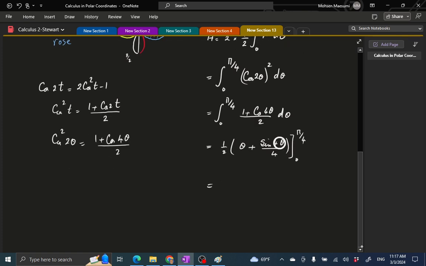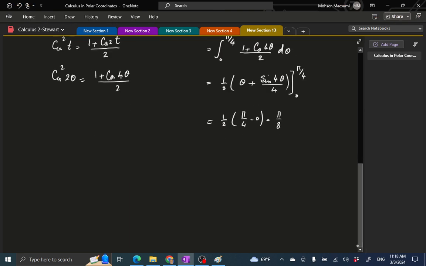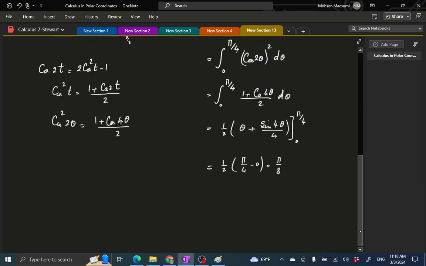Now at 0, sine is 0. 4 times pi over 4 is pi, and sine of pi is again 0. So all that I have left is 1/2 of pi over 4 minus 0. So that's going to be pi over 8. So we are done with this problem.